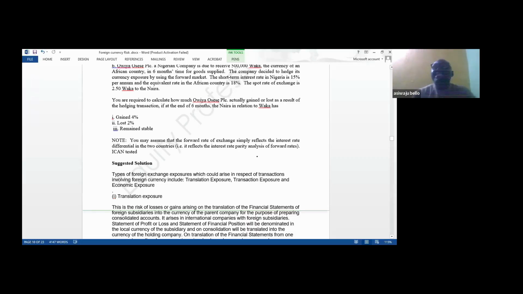Therefore, the examiner has given you a guide: forecast 6 month forward rates using interest rate parity theory. What is the formula?